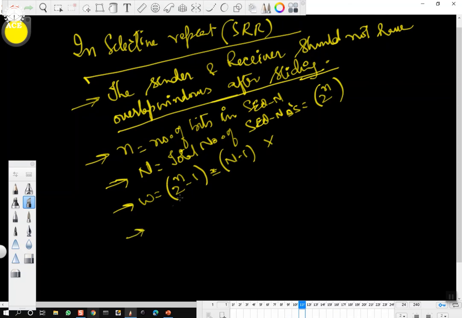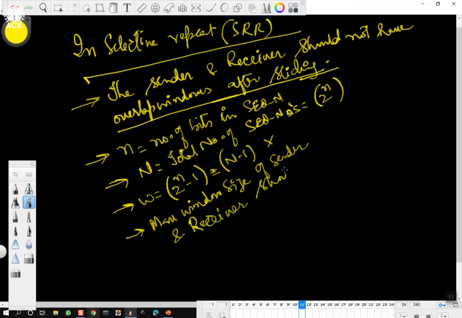So therefore, the maximum window size of sender and receiver should be half of the total sequence numbers.